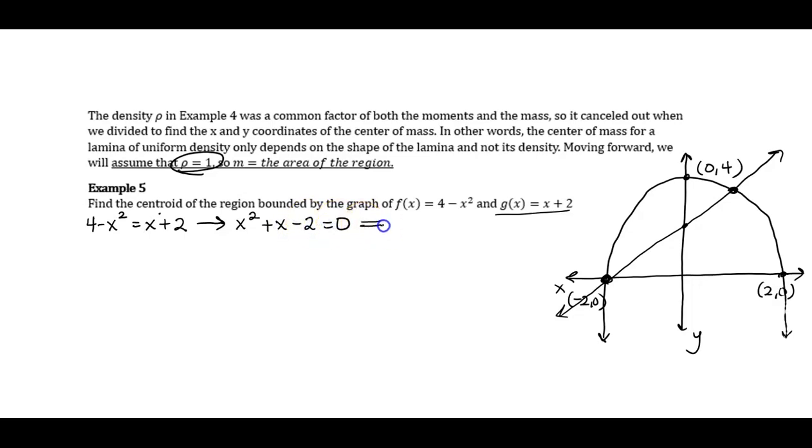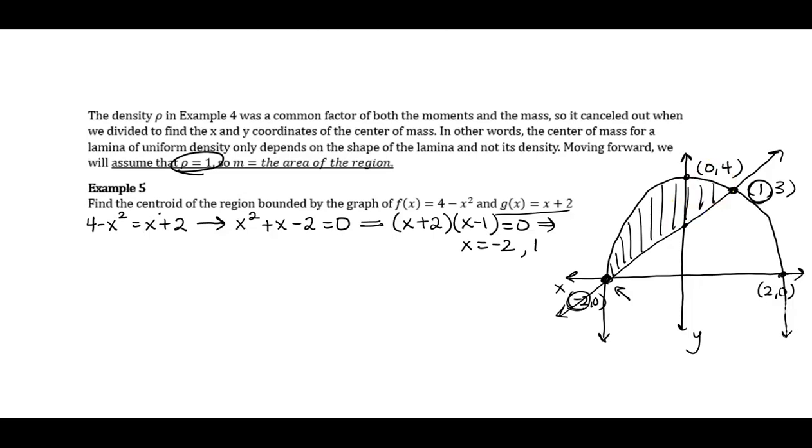This can be factored into (x plus 2)(x minus 1) equals 0 to tell me that my points of intersection are at x = -2, which we already knew, and x = +1. So this is the point where x = 1, and we could conclude that the y-coordinate is 3 just by plugging it into that line. So now we know what our limits of integration would be. They would be from -2, this x value, to 1, that x value, since we're working with this region here.